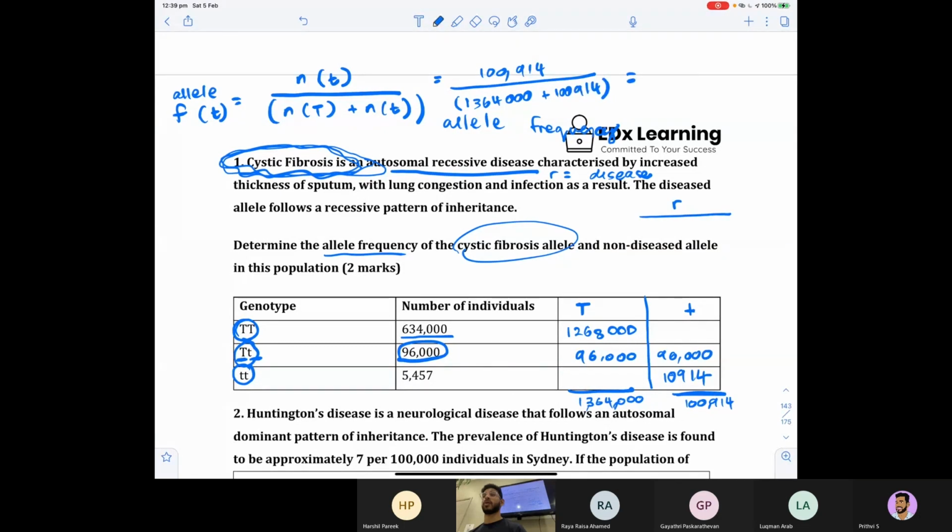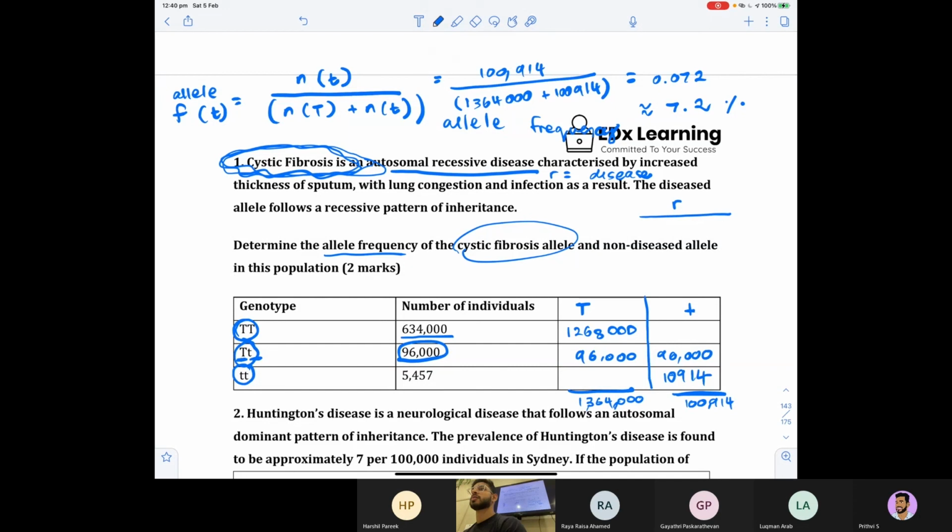What do we get as our percentage? 0.072, convert that to a percentage. Good. They don't care about sig figs or decimal places. As long as you give 2 decimal places, you'll be fine.